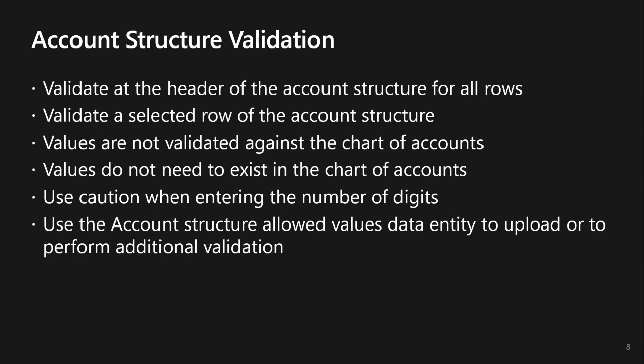It is critical to note that you will want to perform some additional manual validation on your account structure before you validate. And we strongly recommend making changes to your account structure in a testing environment and executing your critical business process test cases prior to making that change in a production environment. First, you will want to validate the values that you have typed into the cells make sense for the data that you have configured in your system.